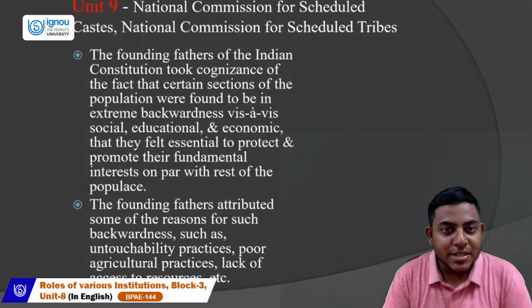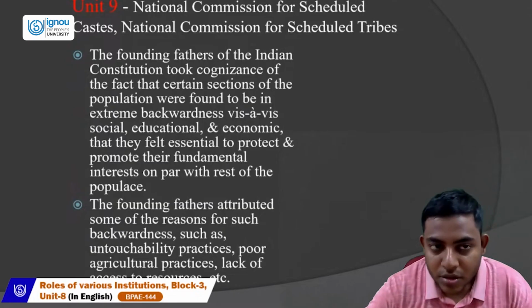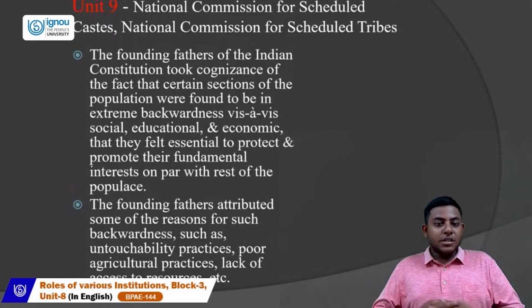So Unit 9 is the National Commission for Scheduled Castes and National Commission for Scheduled Tribes. The founding fathers of the Indian Constitution took cognizance of the fact that certain sections of the population were found to be in extreme backwardness, socially, educationally and economically, so they felt it essential to protect and promote their fundamental interests on par with the rest of the populace.